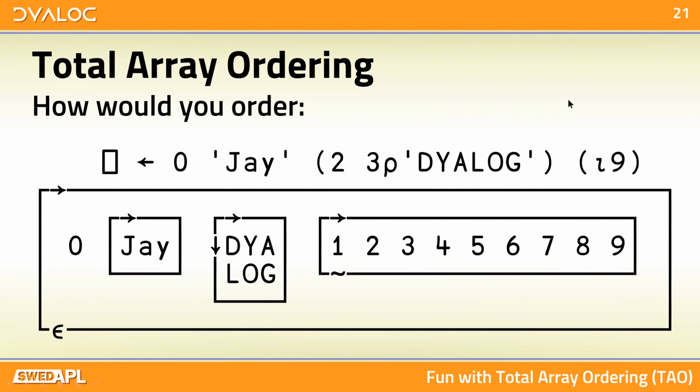And it might sound trivial to do that, but imagine you had an array like this. It's a big mess. So it's a 4-element vector. Well, it has an uneven depth, right? It's going to have a negative depth because it's uneven, and even the elements have different rank and so on.